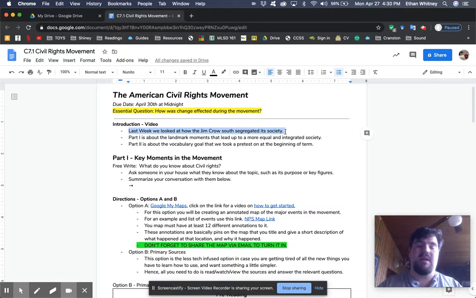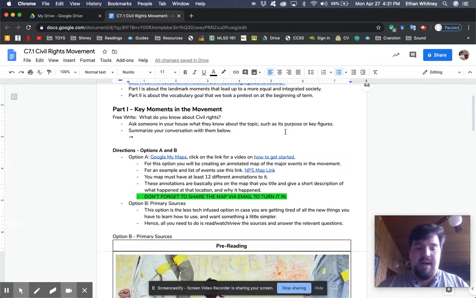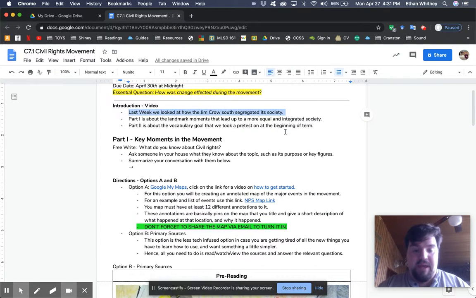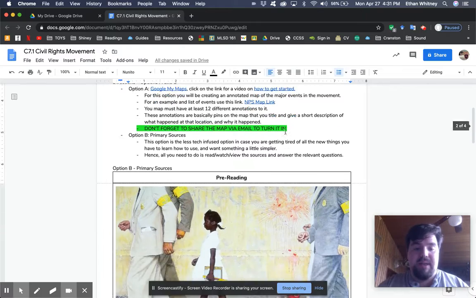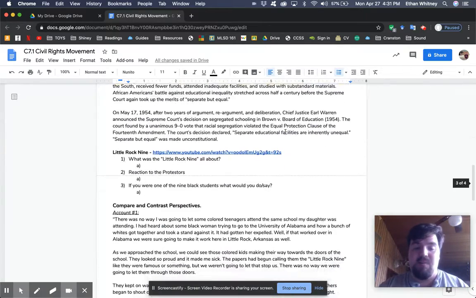But of course, as we saw last week, the very obvious answer was no, it was never equal. And so that eventually changed. What we'll see this week is how the Supreme Court changes its mind on separate but equal, and they realize something can't be separate and equal at the same time. That's just impossible. So that's what this week is all about.